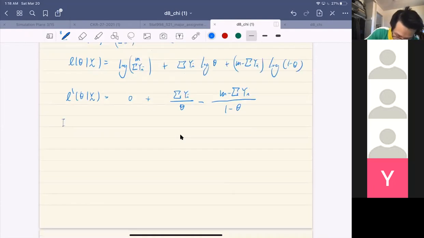If we solve this, we get theta hat is S bar.